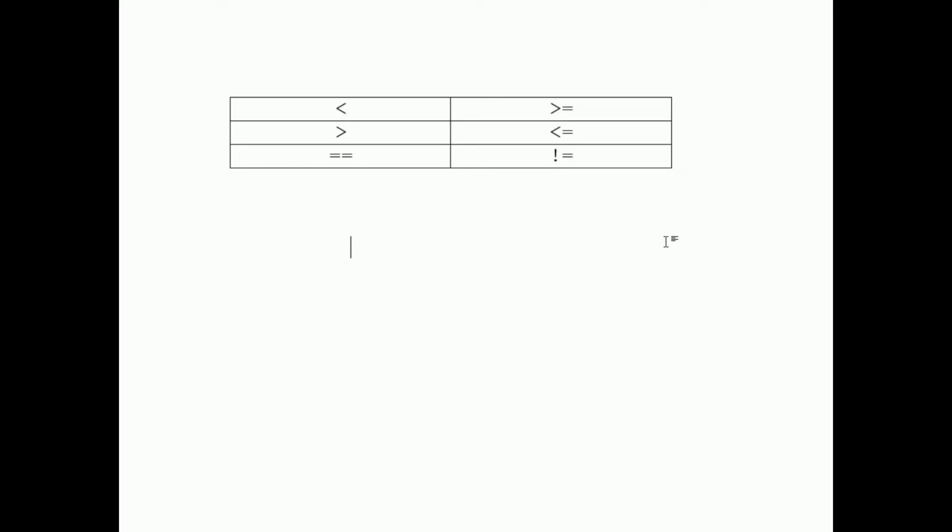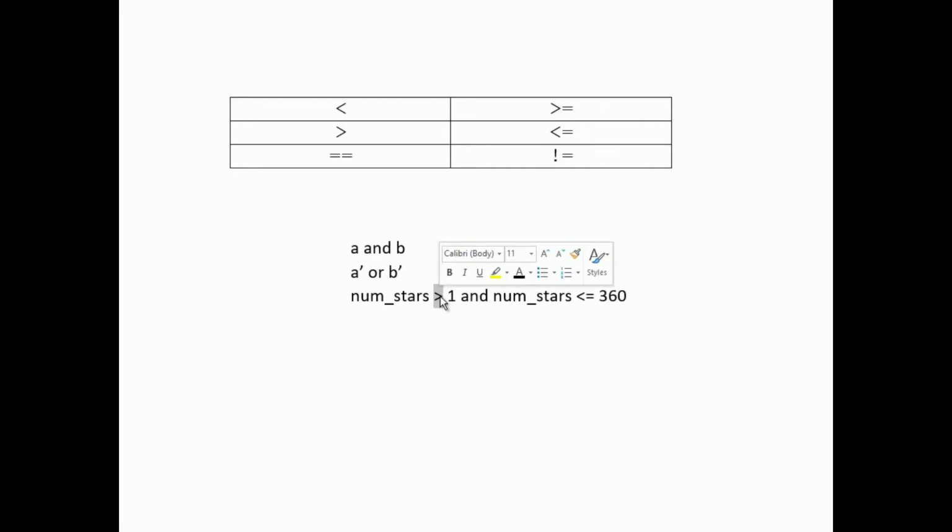The complement of A and B is the complement of A, which I will write as A prime, or the complement of B. And the complement of A or B is the complement of A and the complement of B. For example, the complement of our range check from earlier, num_stars > 1 and num_stars <= 360, is num_stars <= 1 or num_stars > 360.